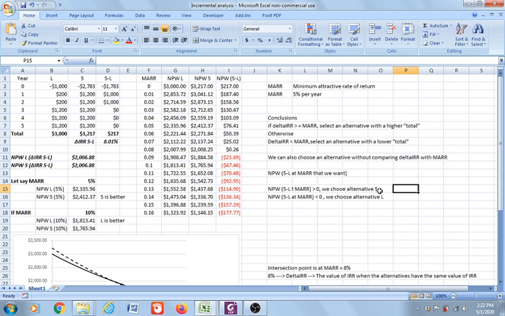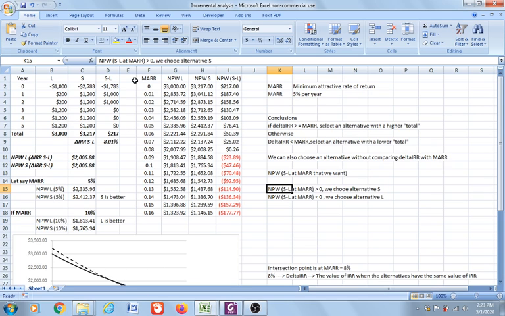So this is the easiest way when we are doing the incremental analysis. We just use the difference of the cash flow and we evaluate the NPW at MARR. So when the NPW at MARR is positive, we choose the alternative having a higher total.